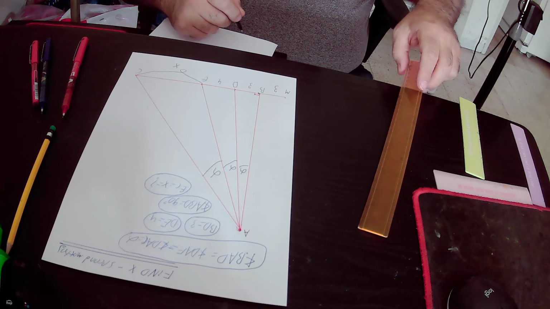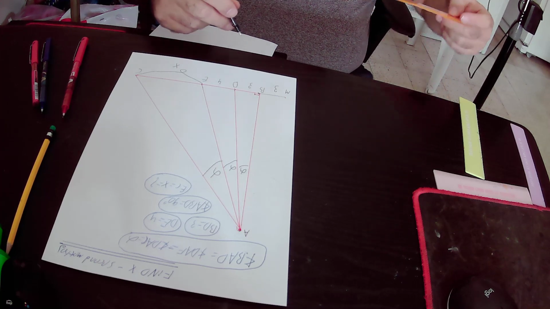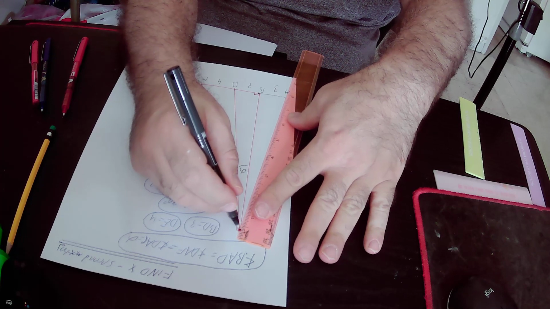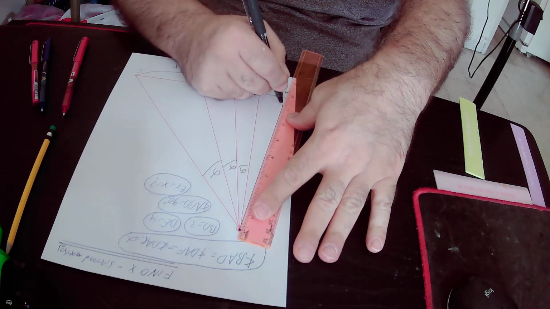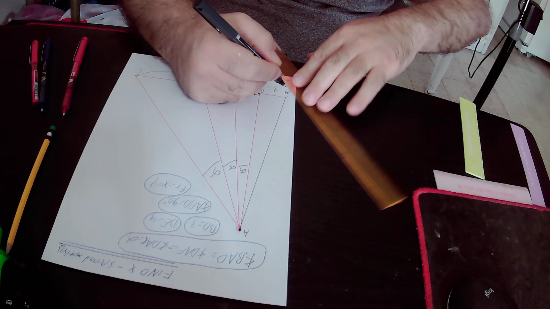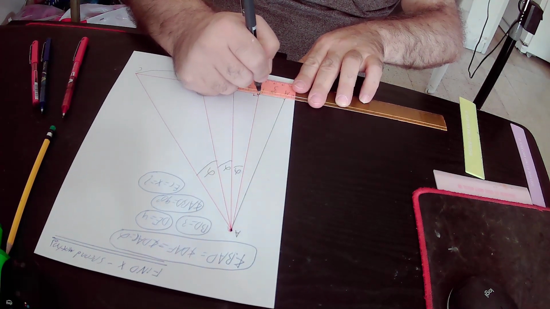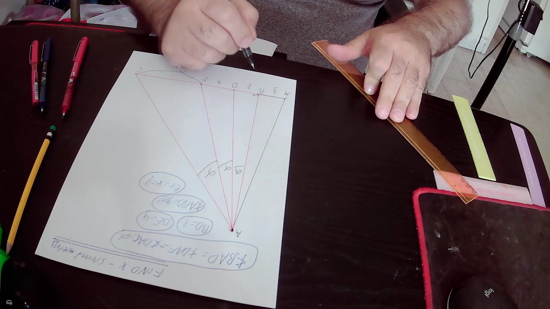And we will join together points A and M by a straight line. So actually we have here triangle ABM.